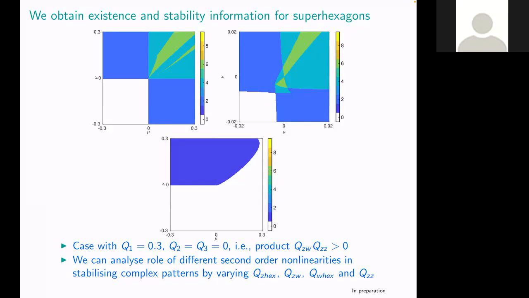The panel on the right in the top row really just shows us a zoomed-in view of the codimension 2 point. And we see how complex the existence diagram is, the number of solutions. This is still something that we're trying to understand how to do the bifurcation analysis for, without just resorting to a numerical way of getting them like we've done now.